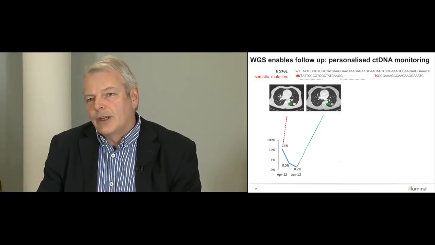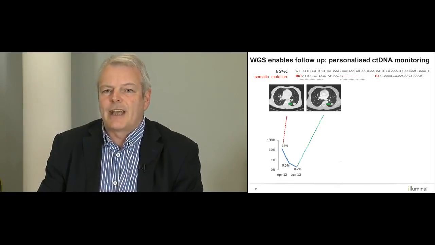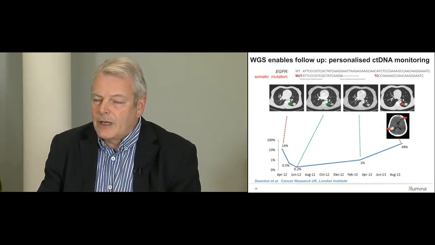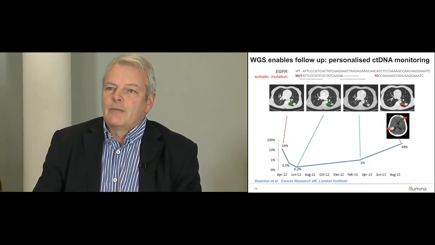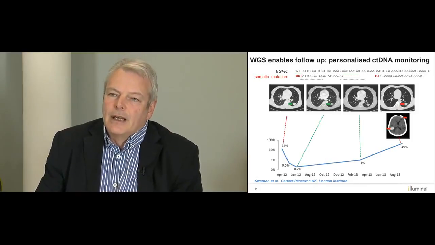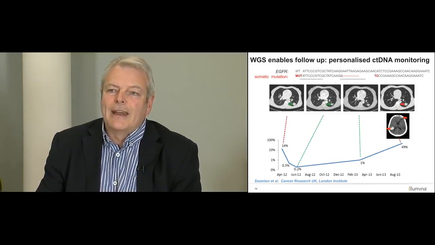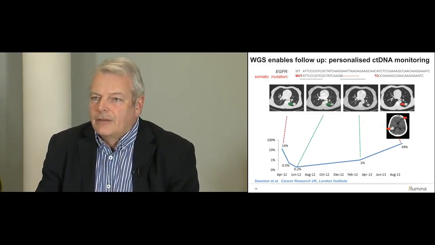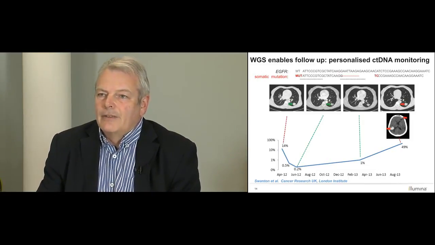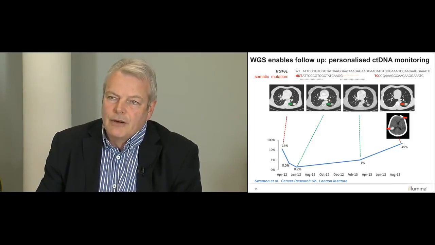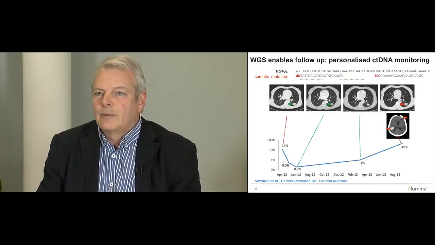What you then find in monitoring the patient with the same personalized test that was derived from their whole genome, you actually see, sadly, a relapse, but you can see the measurement of the relapse is quantitative and accurate, such that just approaching 1 year later, the mutation is now present again in the individual's circulating tumor DNA at 1%. And then, sadly, over the following 6 months, it elevates to a very high level, 49%, concomitant both with the regrowth of the original tumor and also additional metastases.